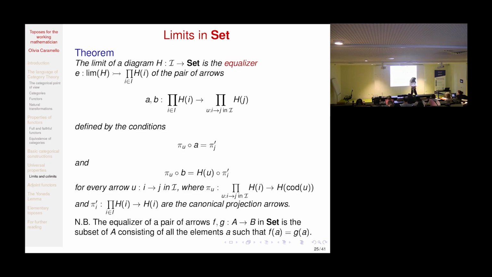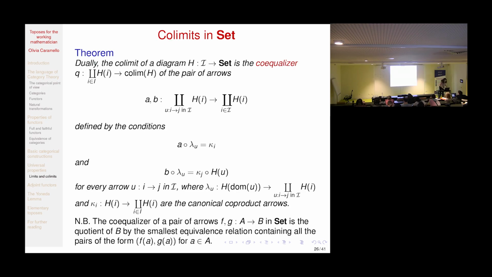Okay, now we dualize, and we get the construction of colimits. What happens here is that instead of taking products, because we dualize, we take coproducts. And so instead of taking equalizers, we take coequalizers. In fact, if you prove the result not for sets, but for an arbitrary target category, you can prove the result just once and then apply the duality principle.